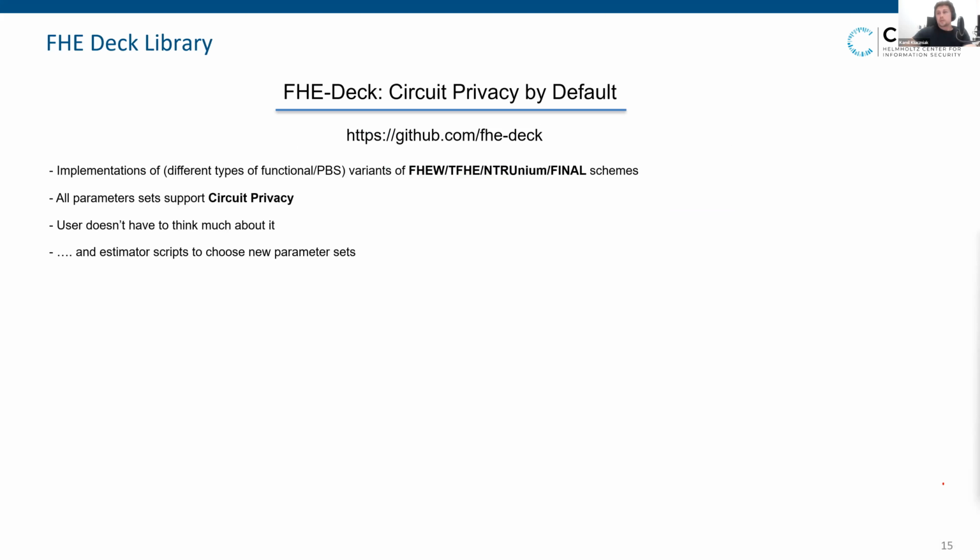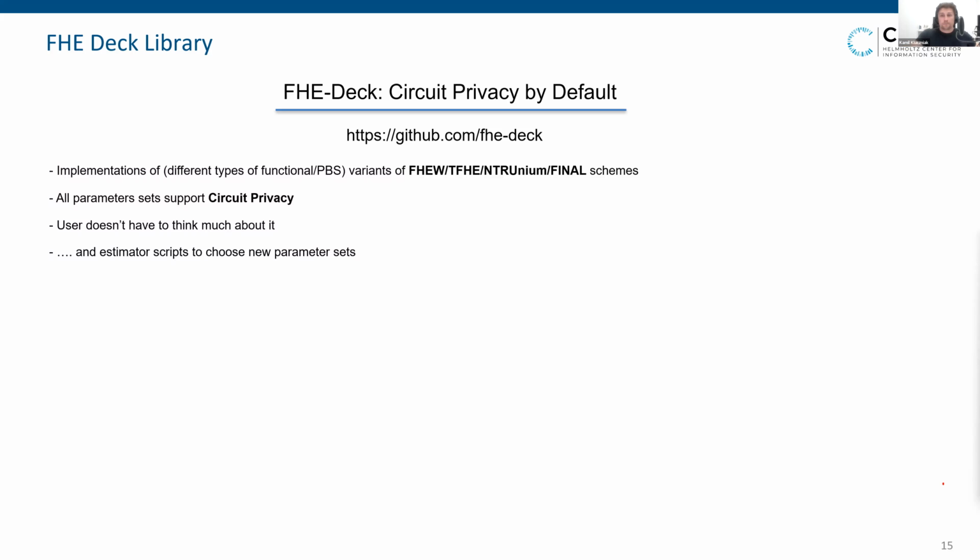Okay, so to summarize, all the algorithms are implemented in a library that I call FHE-Deck, and the library supports various flavors of functional bootstrapping or programmable bootstrapping, if you prefer. All parameters are chosen to support circuit privacy.